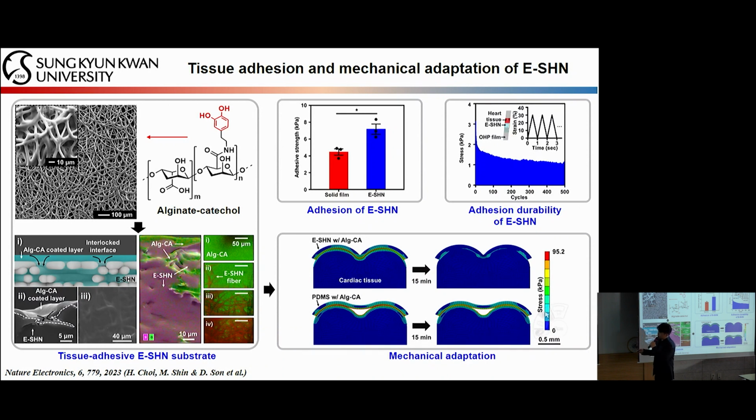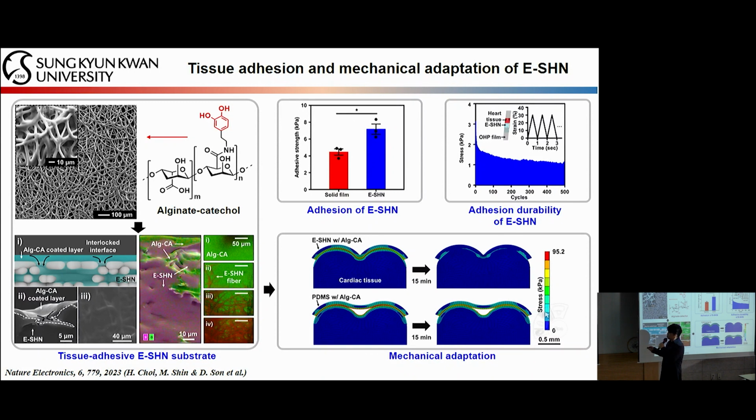As you can see here, the penetration of the alginate catechol inside the micropores in the network structure was clearly confirmed by SEM and confocal analysis, ensuring an interlocking structure.